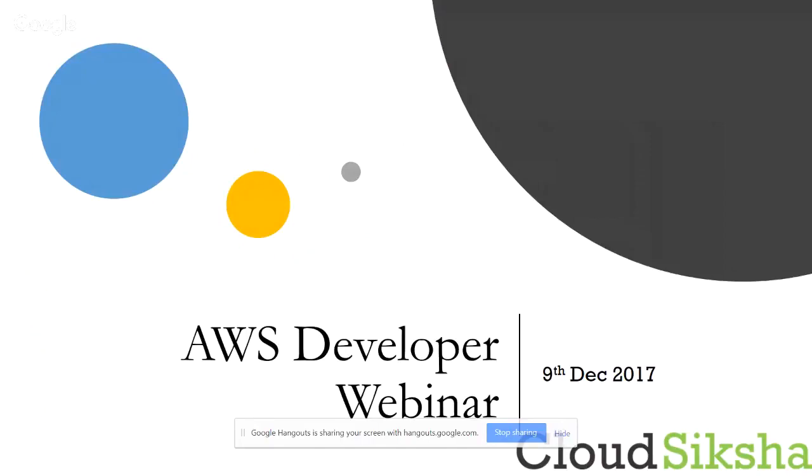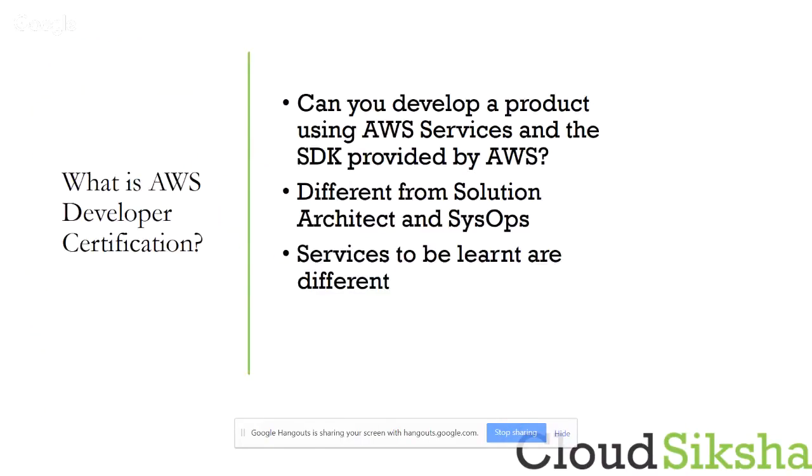Now, the first thing we want to know is what is AWS Developer Certification? What does it do? Basically, it answers a question, that is, can you develop a product using AWS services and using the SDK that is provided by AWS?